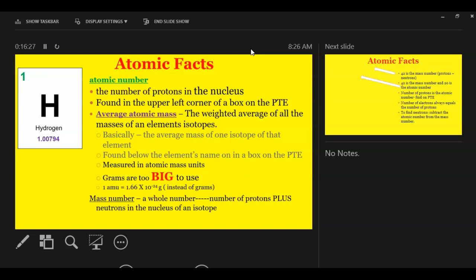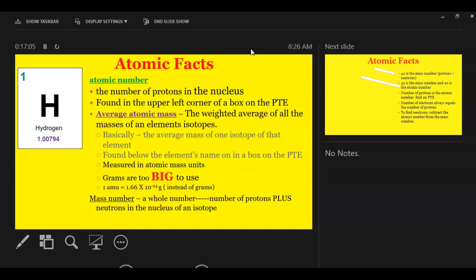So atoms are super duper tiny. To just put it on one of our electronic balances and find the mass in grams of an atom or a proton or a neutron, okay, it doesn't make any sense. The gram is a much larger scale than what we would need for measuring really small things like protons, neutrons, or atoms. Okay? So instead of using grams or kilograms or picograms or micrograms, we're going to use a different weighing system, and it's the atomic mass unit.